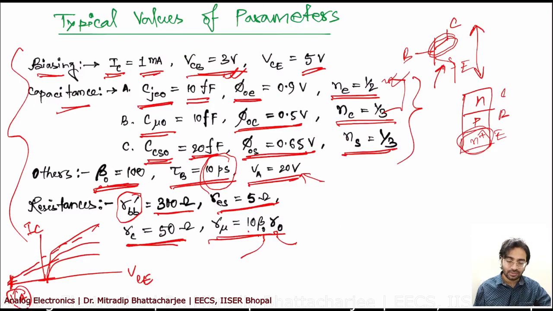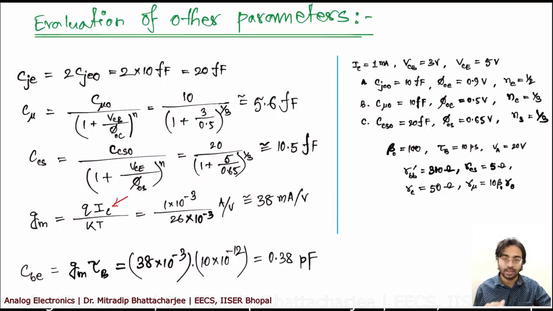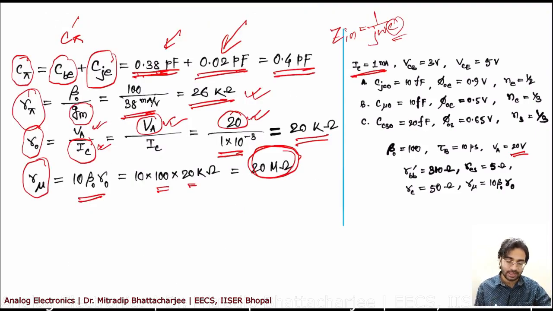Okay, so these kind of calculations you have to perform while you are going for the design. So most of the time the approximations are very important. As an engineer, you should know which value to consider, which value not to consider. For example, the R mu value is very high, so in the circuit you can say that is not important, so you can remove that R mu.